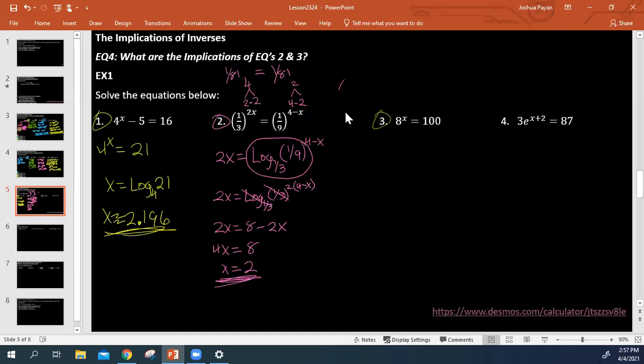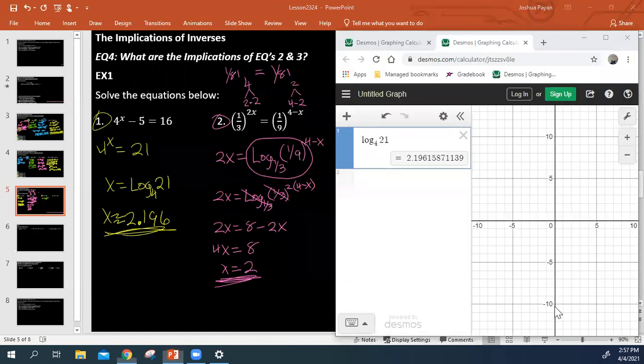Okay, number 3, 8 to the x equals 100. Easy peasy, just do log base 8 of both sides. Okay, we can just throw that in the calculator. So we can go ahead and say that we've got log 100. And I'll go ahead and show you on Desmos.